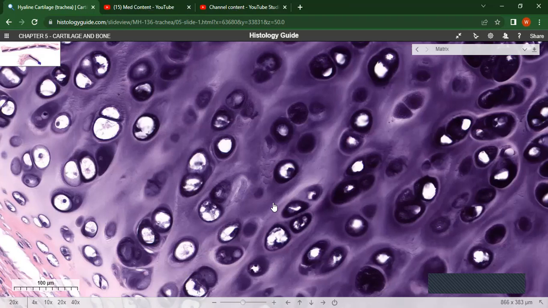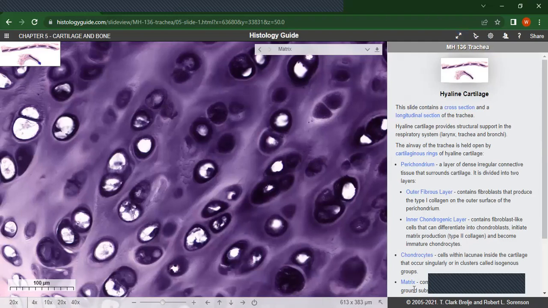So now let's discuss the ground substance. Remember the extracellular matrix, I said you should discuss the collagen fibers, which you have done, and also discuss the ground substance. The ground substance is composed of glycosaminoglycans. Maybe I have some notes here. You can be looking at them. So the matrix, I said collagen type 2 is the main, but we have other cartilage specific collagens, such as 6, 9, 10, 11.